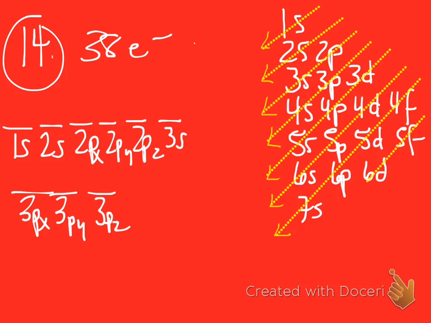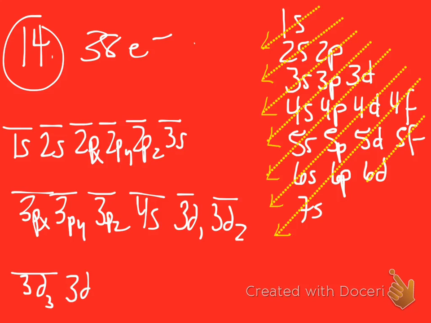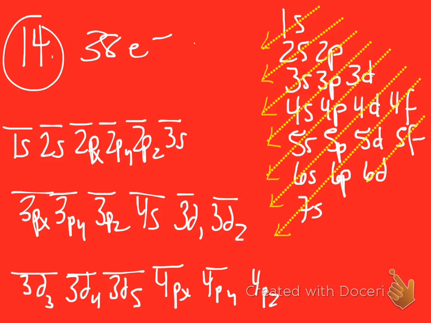So after 3p, I have to fill 4s, and that's the thing to remember. So that gets us up to 20. So now we go 3d, and it's 3d1, 3d2, 3d3, 3d4, 3d5. That's all our d's. After 3d, we fill 4p, so we have 4px, 4py, 4pz.